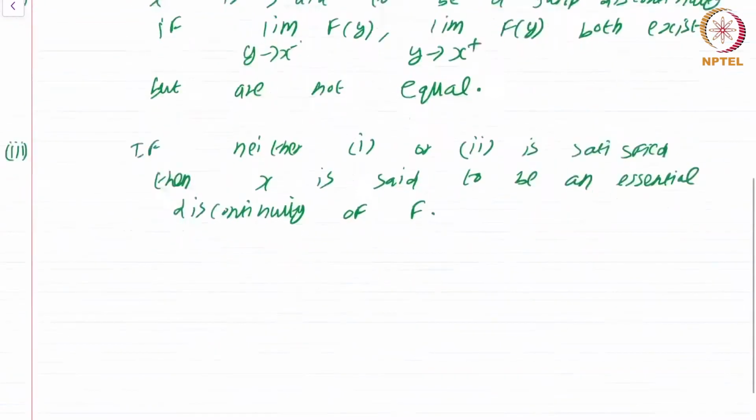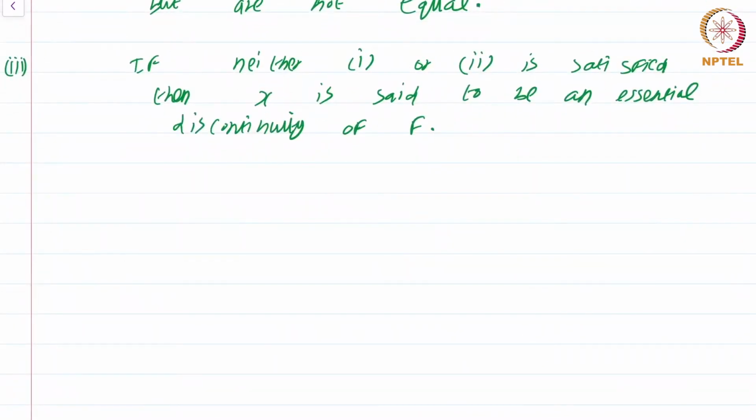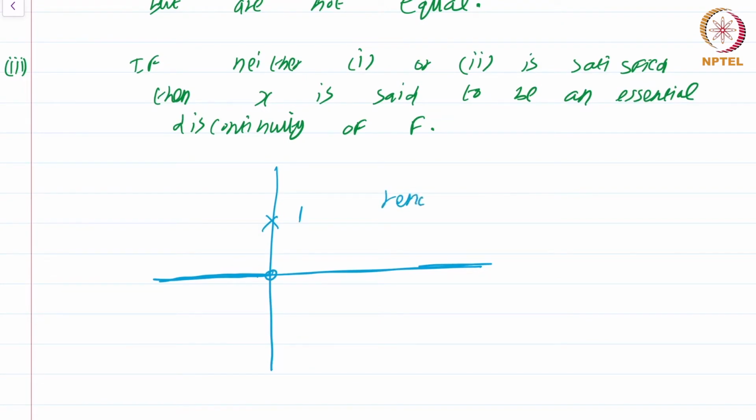Let's draw pictures to illustrate these rather than give actual real examples because they're rather easy to actually give. So suppose you had a function that is 0 on the negative real line, 0 on the positive real line, but for some reason it's 1 at the point 0, then clearly this is a removable singularity. You just have to redefine f(0) to be 0 to make that discontinuity go away.